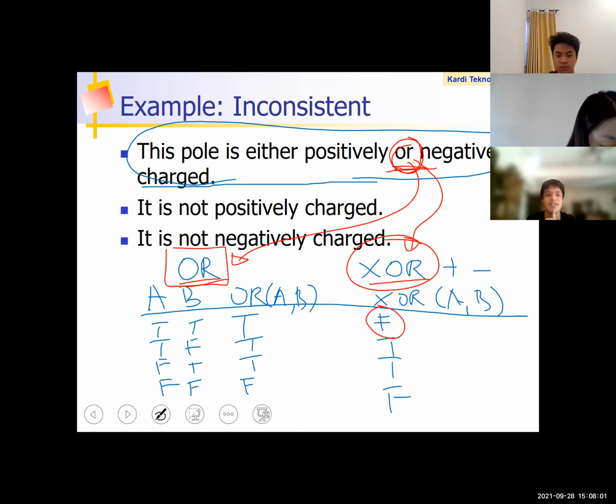Okay, now you get it. I'm just explaining the meaning of or here, because sometimes people are inconsistent. Or in here is actually exclusive or that they are talking about. Cannot be both.